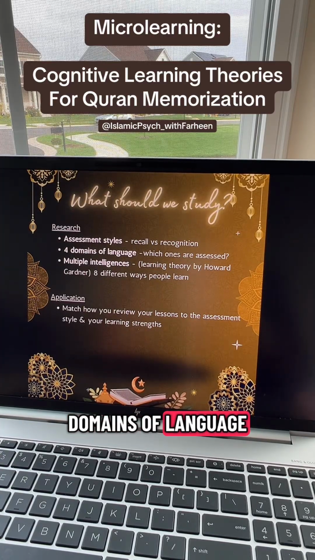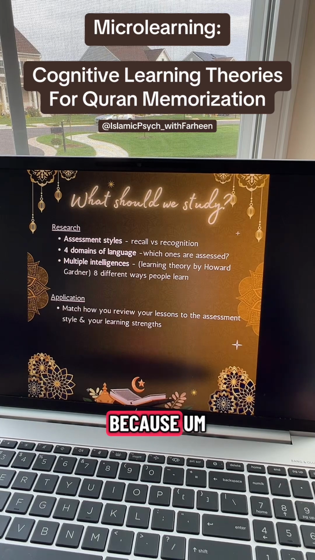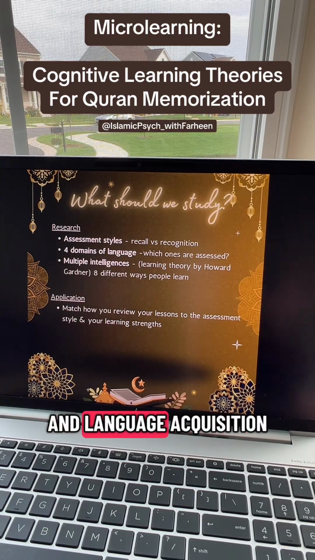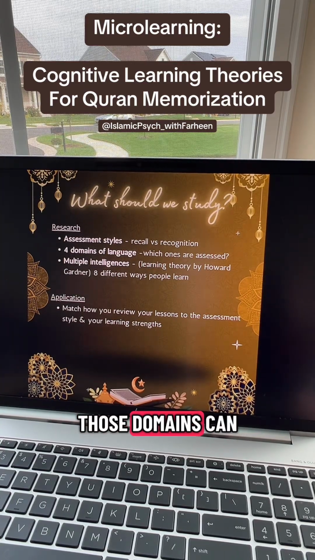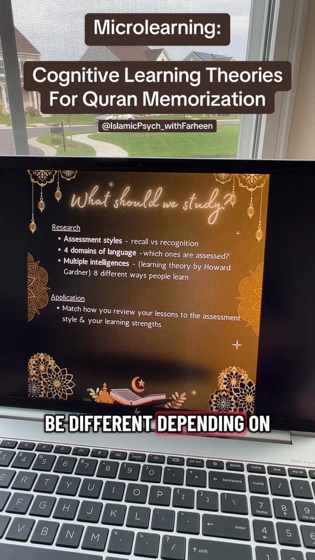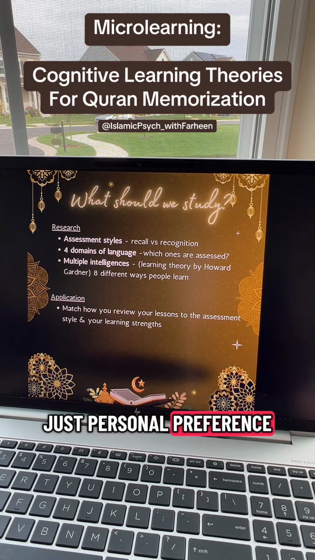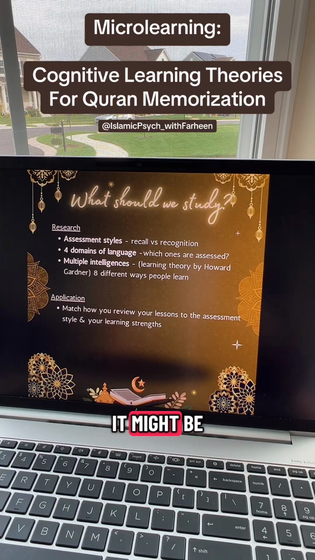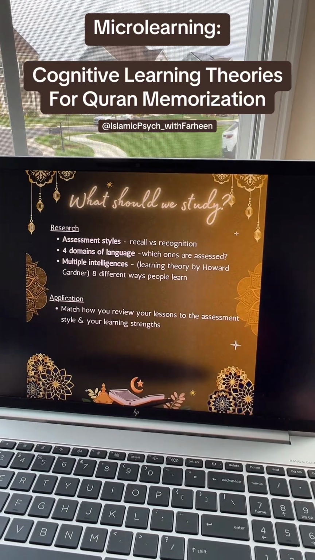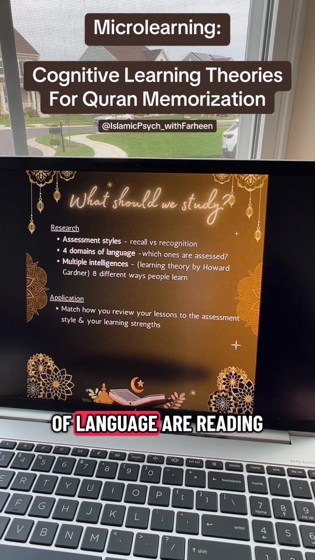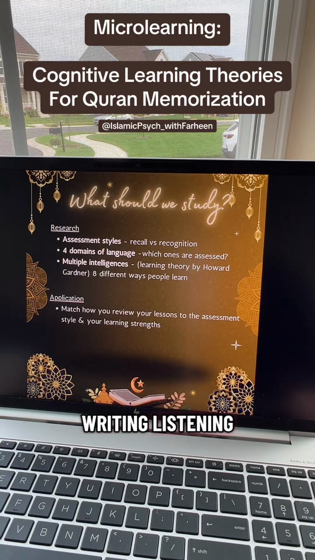I just want to touch on the 4 domains of language. In language acquisition, there are 4 different domains, and acquisition in each of those can be different depending on a lot of variables. It can be personal preference, it can be how you learn, it might be how you're practicing things. The 4 domains of language are reading, writing, listening, and speaking.